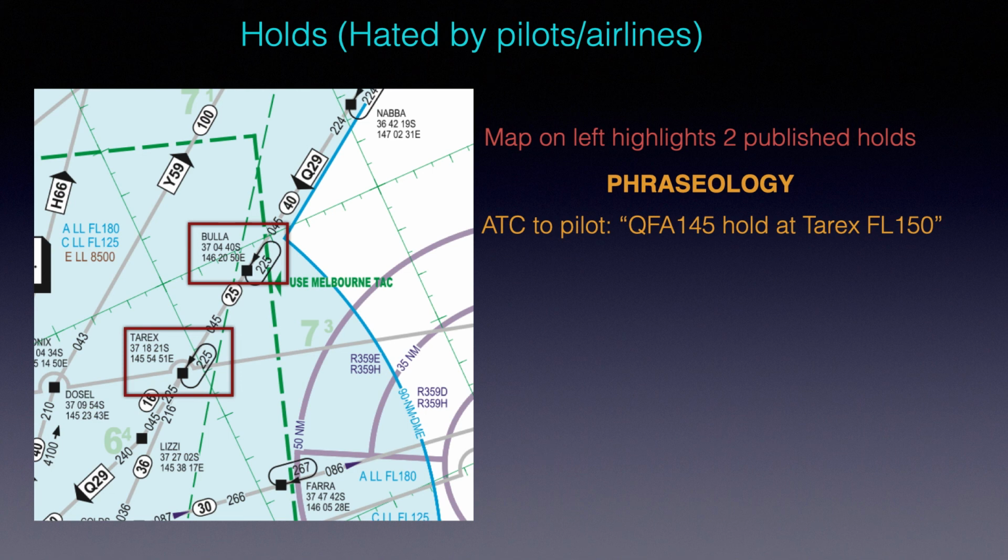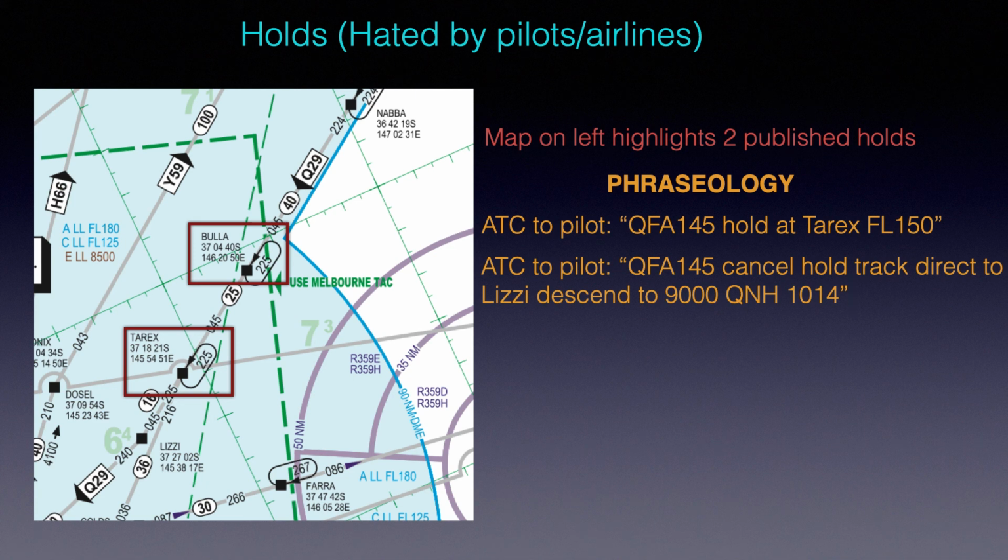And then, what's the phraseology? Okay, you've got this aircraft in your hold. What would be the phraseology to get them out of the hold? Well, you'd say something like, Qantas 145, cancel hold, track direct to Lizzie, descend to 9000, QNH 10, whatever, 14.